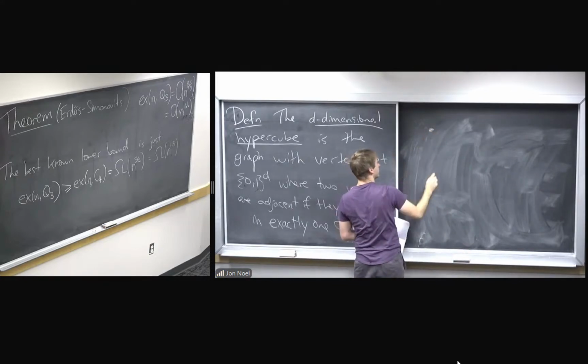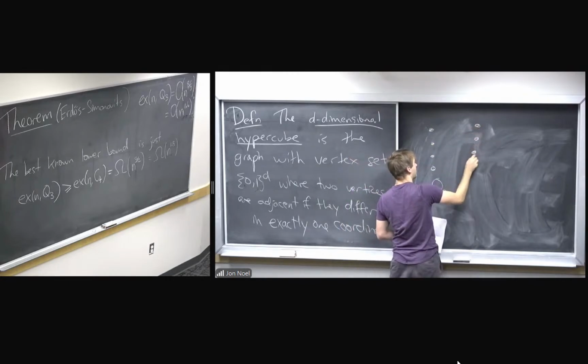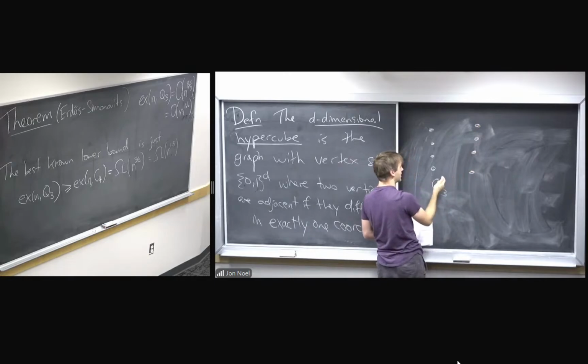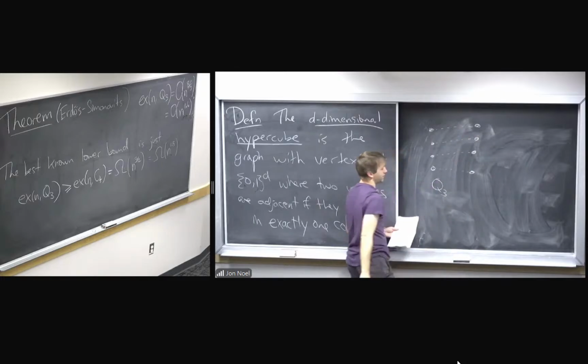It's a bipartite graph with 4 vertices on each part, and it's basically a complete bipartite graph, except I delete a perfect matching.